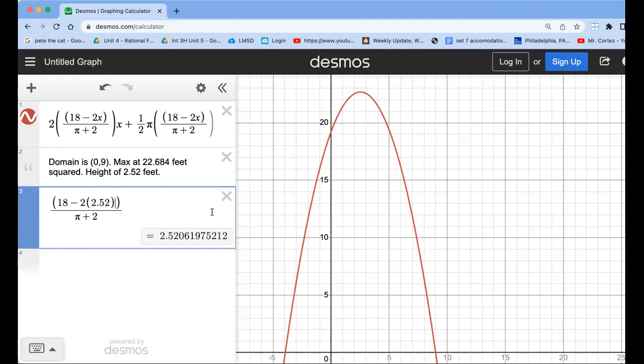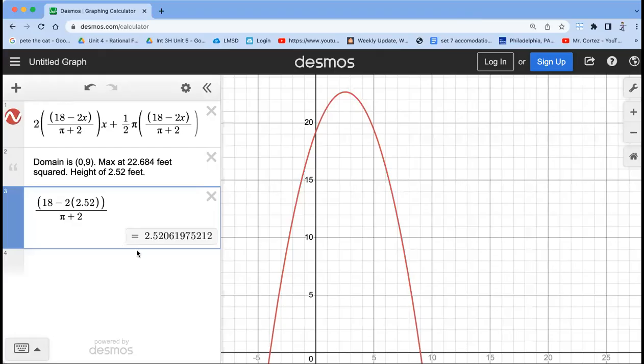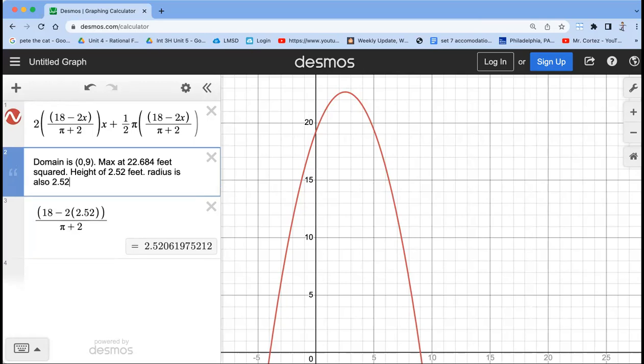Is that correct? 18 minus 2 versions of that, over pi plus 2. Let's think on this for a moment. Yeah, so interestingly enough, this does work. And this is going to say that our radius is also 2.52-ish, which means that the diameter is 2.52-ish.